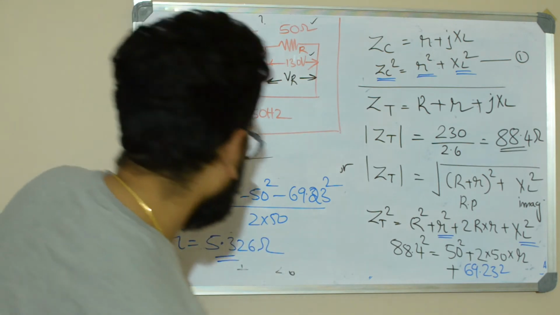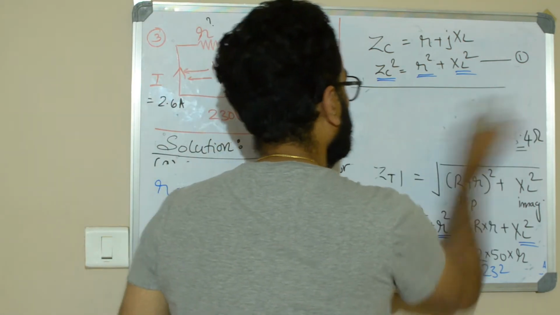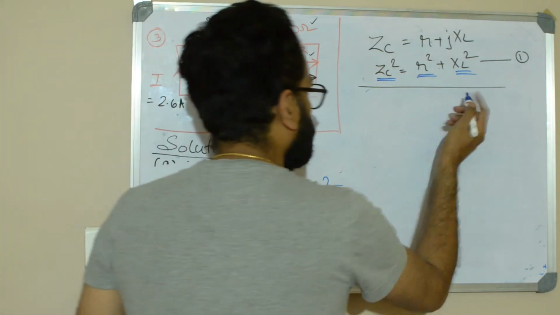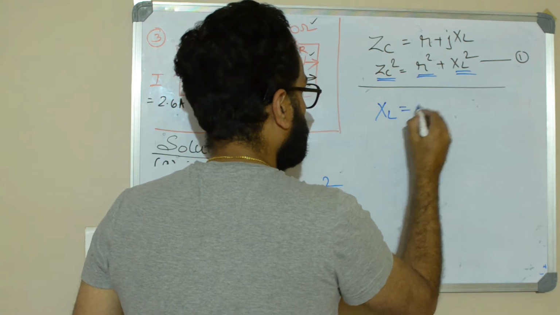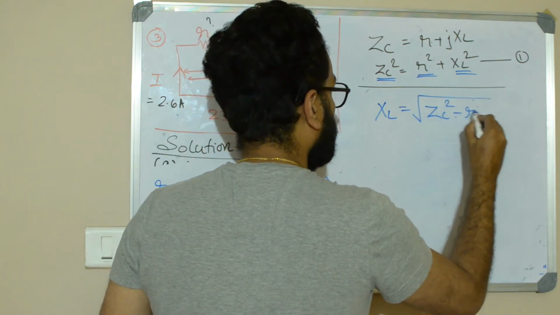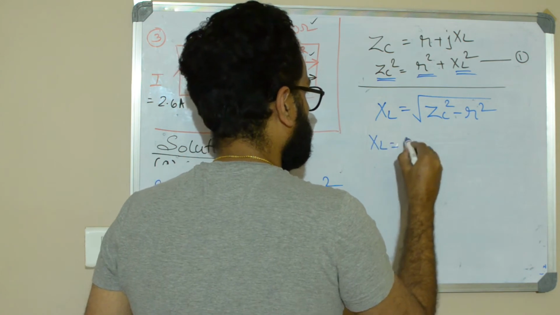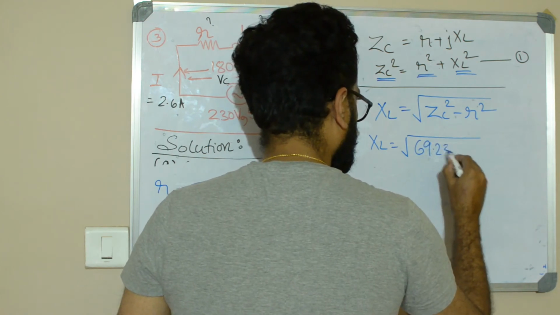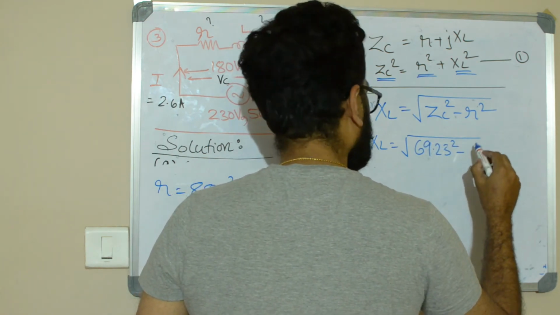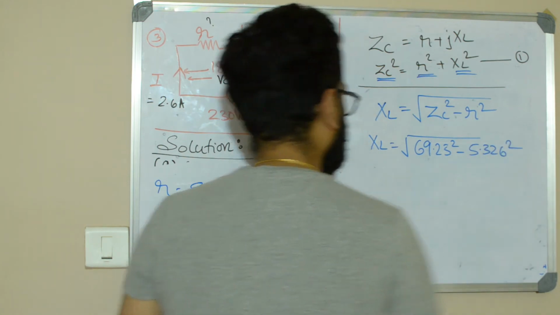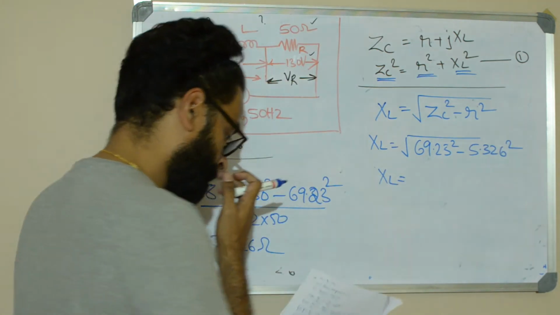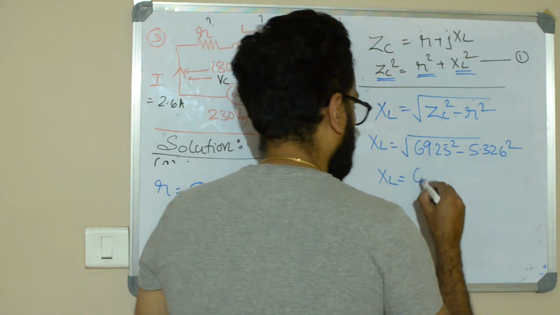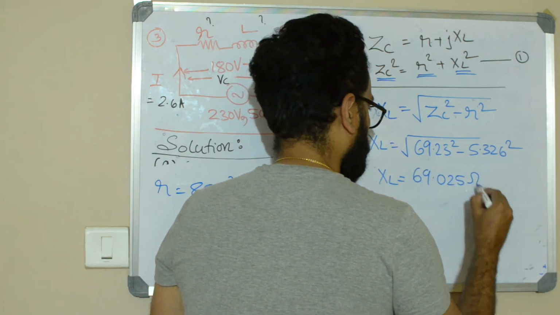Once you have this r value, you can find out the XL value, and from XL value you can determine the inductance of the coil. So XL is equal to under root ZC square minus r square, or XL is equal to under root 69.23 square minus 5.326 square, or you will get XL value as 69.025 ohms.